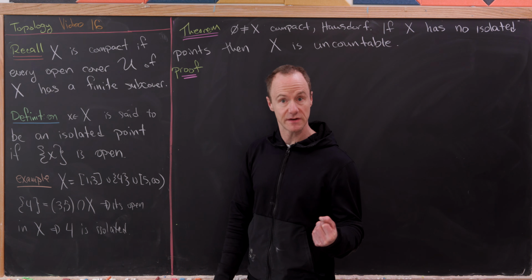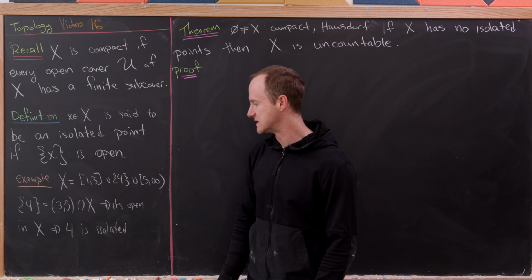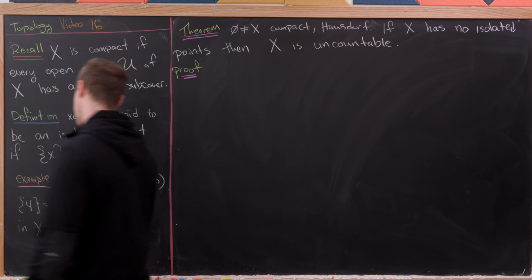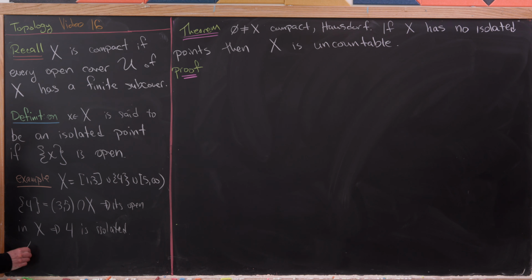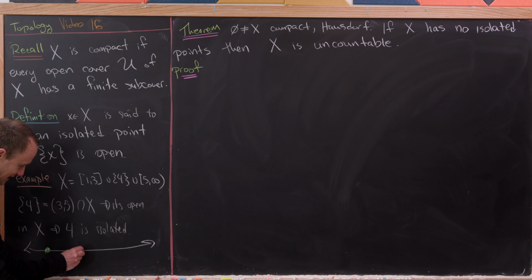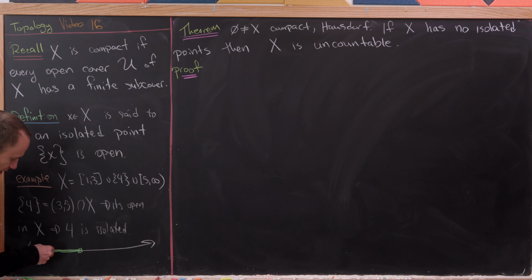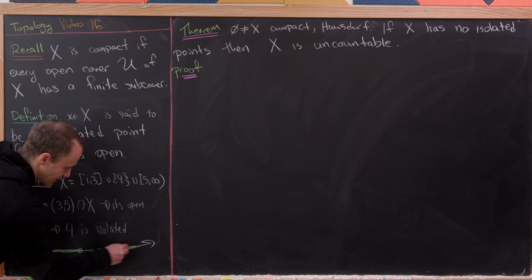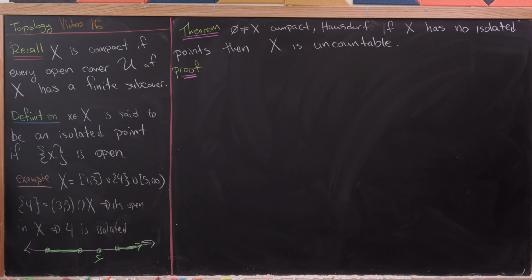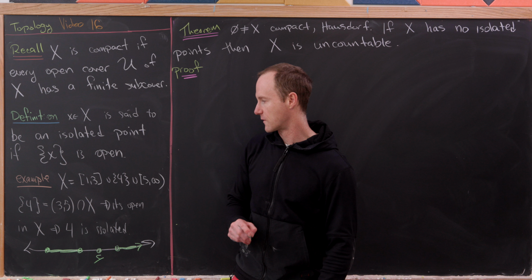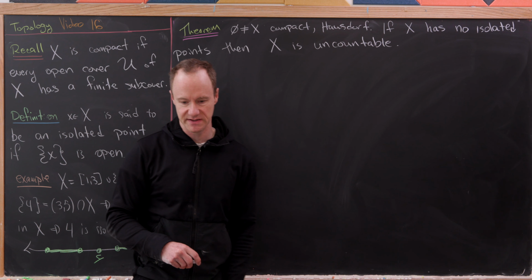But since that singleton 4 is open, that means that 4 is an isolated point. But just thinking about the picture, if you will, of this set X, notice that this definition encapsulates kind of exactly what we would want for an isolated point, given that this set X looks something like this right here, and there's our point 4. That is definitely like isolated, if you will, from all the other points within the space.